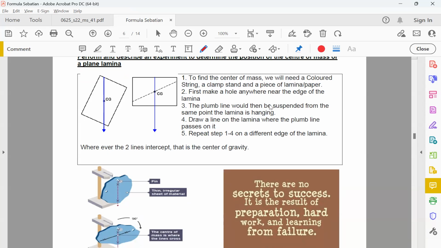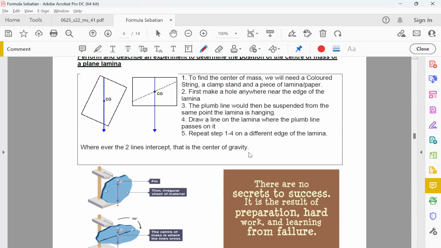The plumb line would then be suspended from the same point from the lamina hanging it. The plumb line will go down here. Draw a line on the lamina where the plumb line passes. Draw this one line here and repeat steps 1 to 4 on a different edge. Wherever the two lines intersect, that is essentially where the center of gravity is for any irregular shape object.